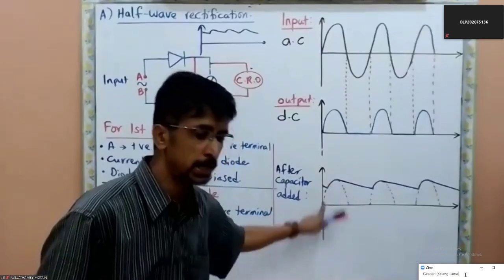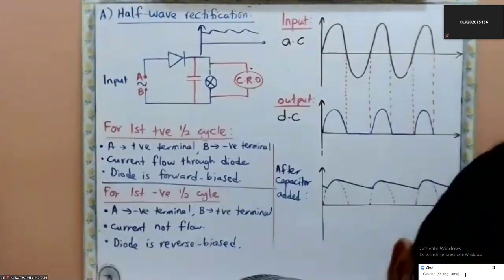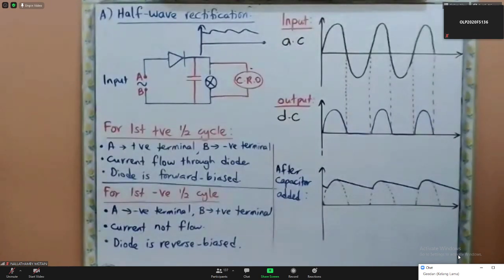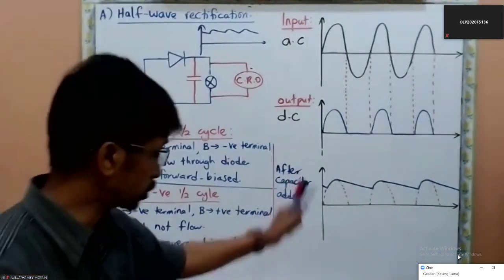If you use the dot lines, that means half wave rectification, then it is easy for you to complete. Must practice to draw.